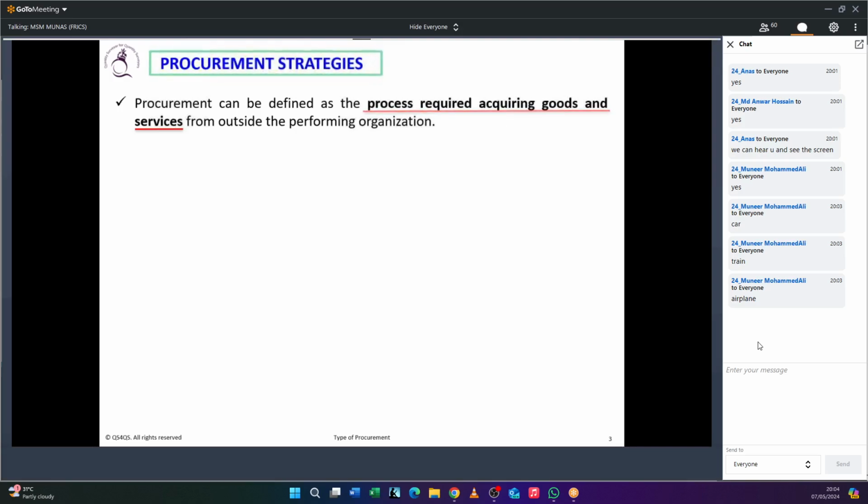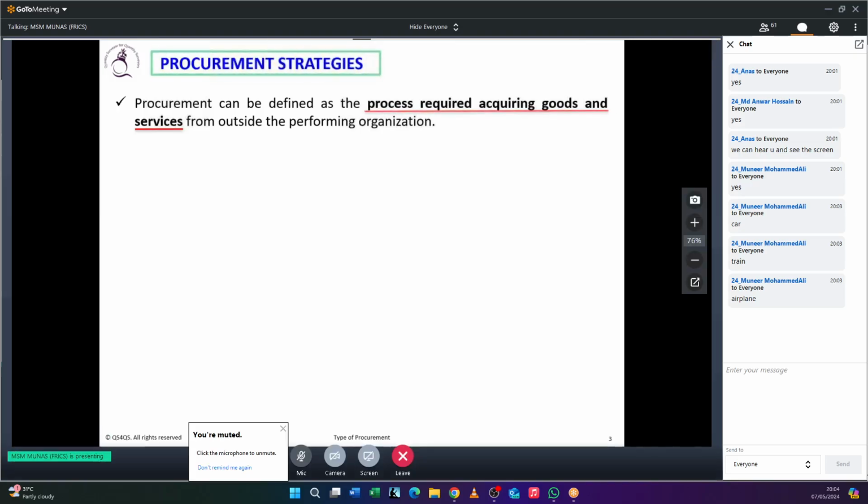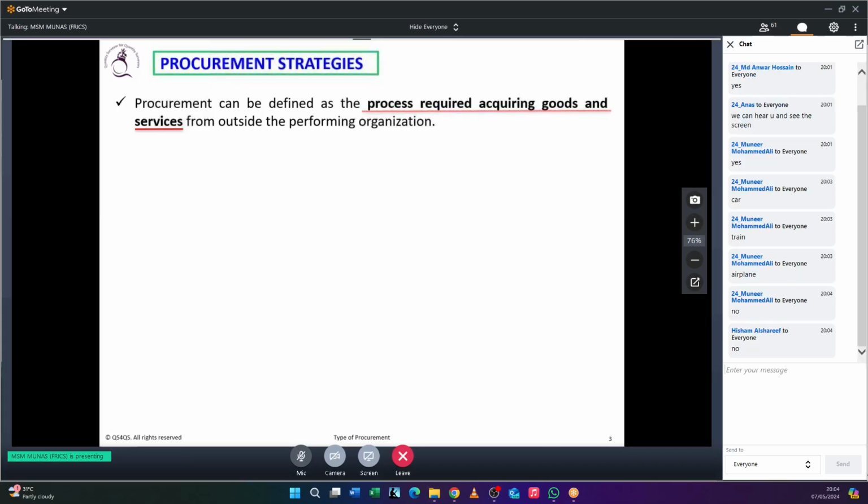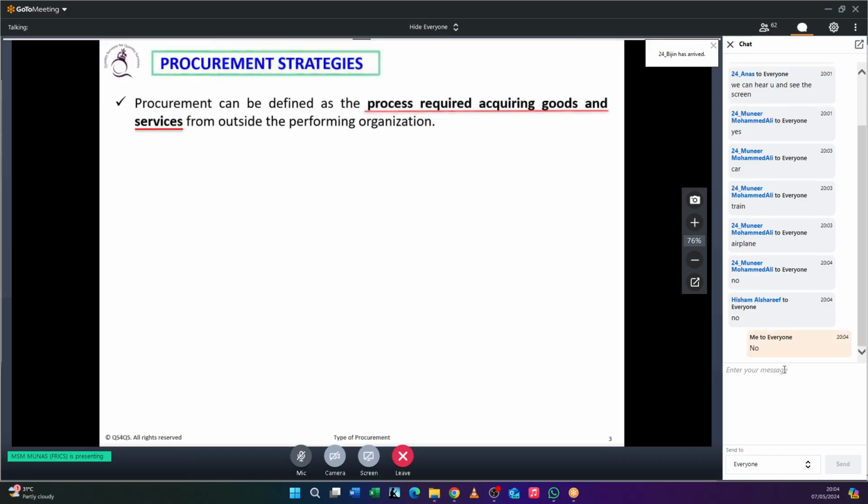But whatever the vehicle, whatever the option you are considering, is it going to change your destination? What do you think? Or it is not going to change.